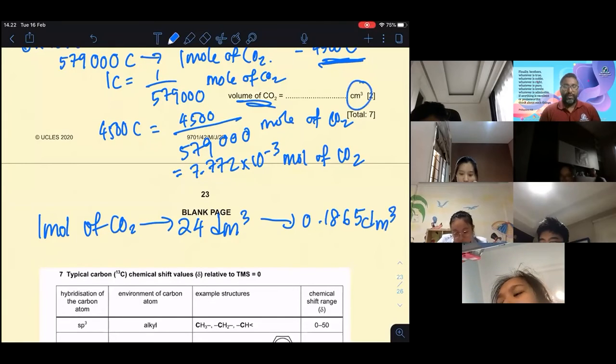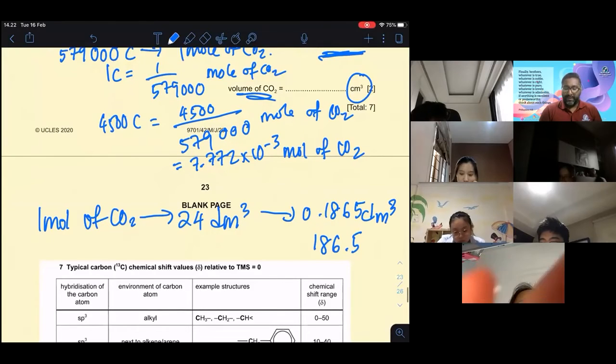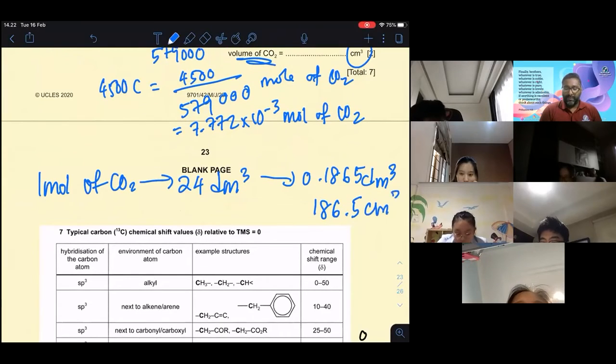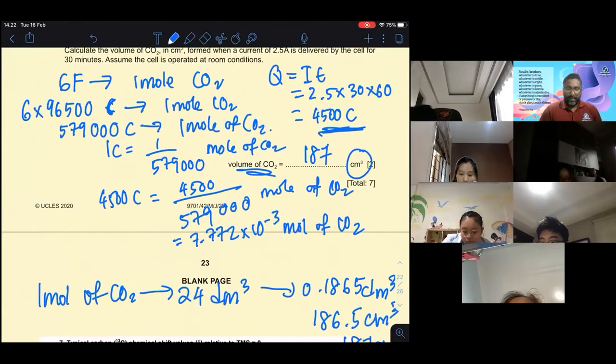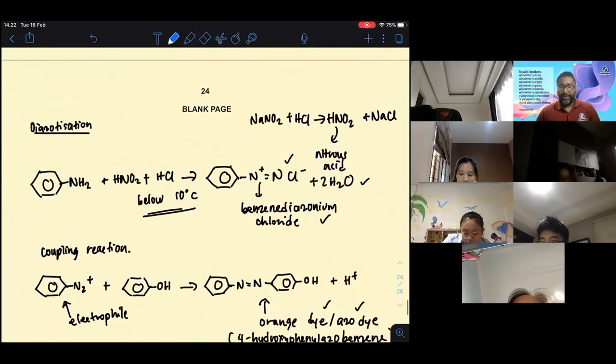I want in cm cube, times 1000. So when you times 1000, 186.5. I think better three significant figures, so we just change it into 187 cm cube. Okay, that's it for this paper.